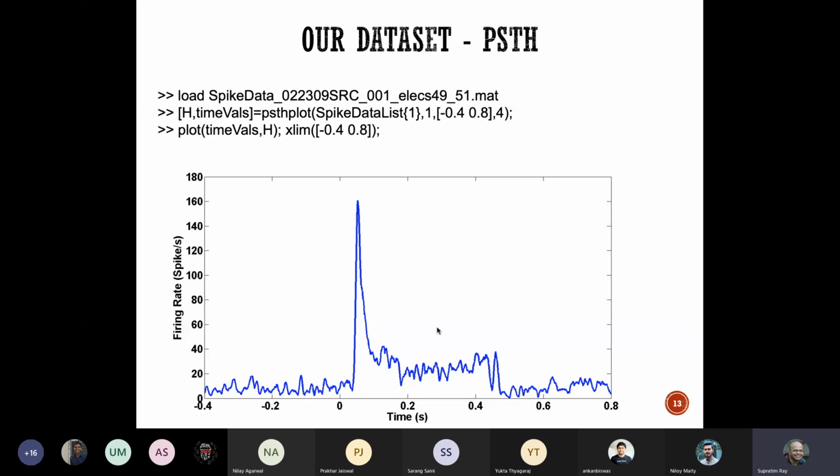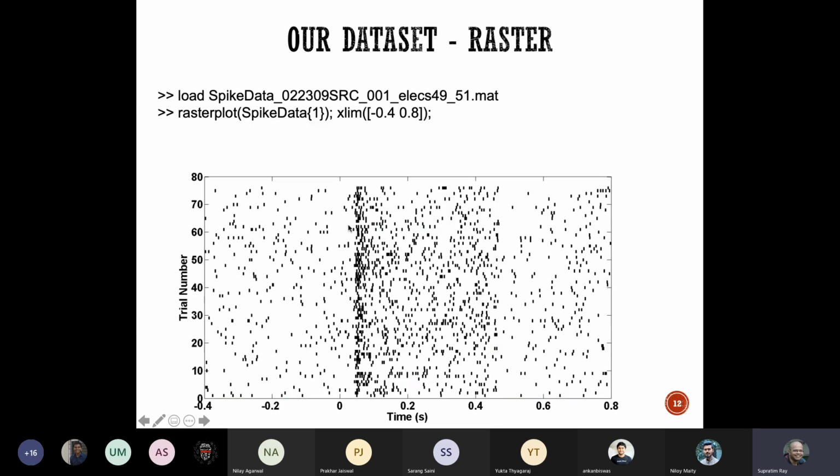There's another command called PSTH plot. PSTH is peristimulus time histogram. It just counts how many spikes are there in some small bin, let's say 10 milliseconds, and therefore plots the firing rate. In general, how many spikes are there on average? So it's just like the average of all these spikes over some small bins.